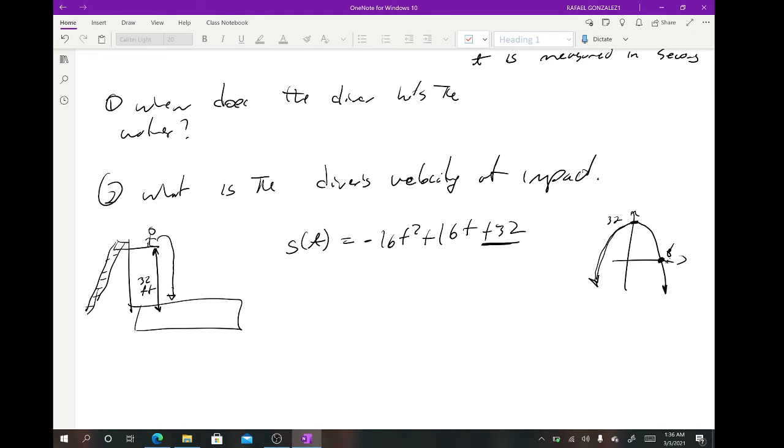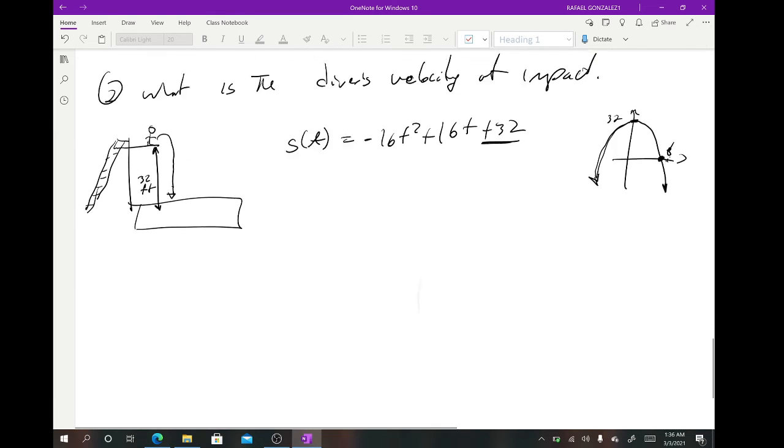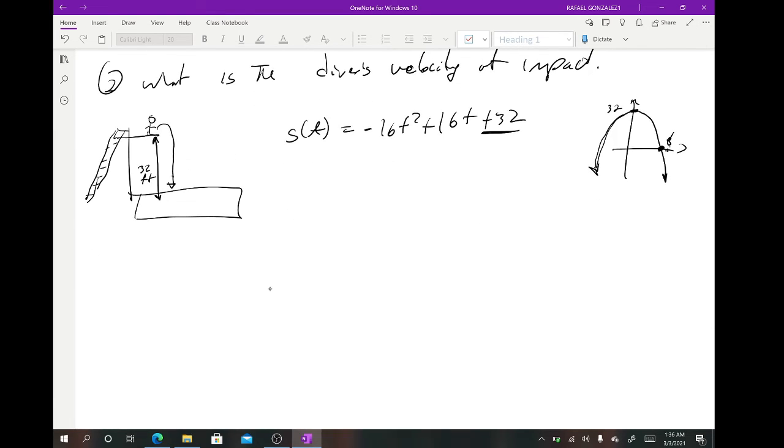This one is not terribly difficult to solve by factoring, so we're going to do it. First things first, let's set this equal to 0. So this is negative 16t squared plus 16t plus 32. When is that equal to 0? That's the question. Remember, we do this to find the zeros of the function, where the function hits the x-axis.